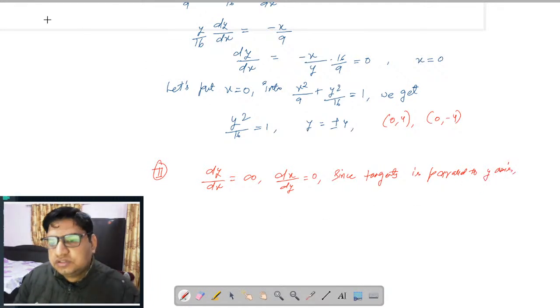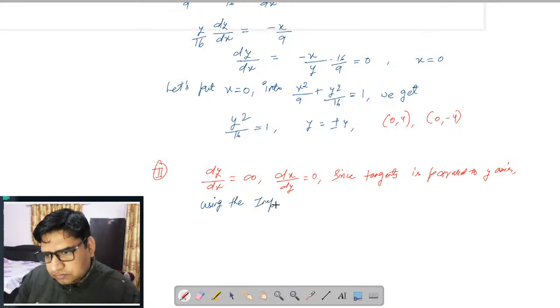Let's try to solve this question, and here we'll use implicit differentiation.